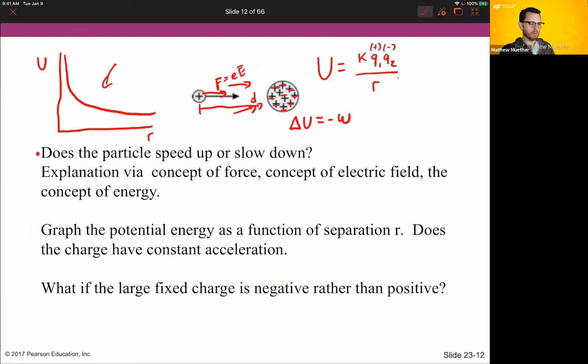Today we were doing this lower bit where we flipped that large object to a negative charge. If you want to see the positive charge interacting with the large positive object, that's what we worked through yesterday. Today we just quickly went through what happens if that large charge is negative. Does that make sense then? Let me know if you still have your question. Okay, great.